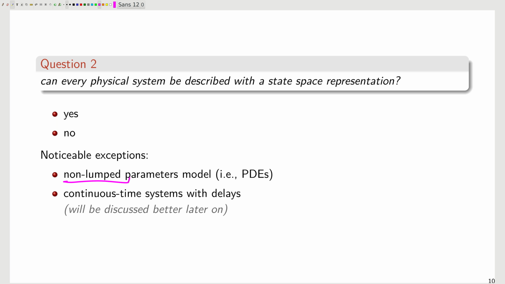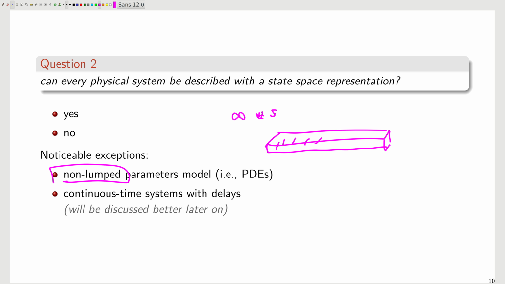They are not lumped together. In the case of the bar, we have a parameter defining the temperature of the bar everywhere. Since we've got it everywhere, we've got an infinite number of states, and our state space representation would become infinite dimensional. And this is not valid in our cases, because how do we handle an infinite dimensional system in a finite dimensional computer if we want to do control? So PDEs do not lead to state space representations.